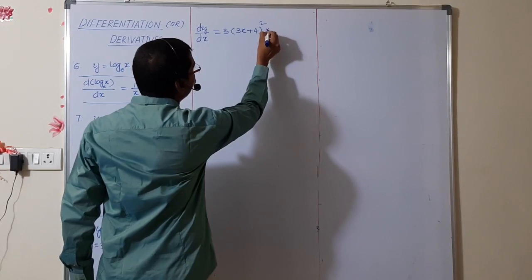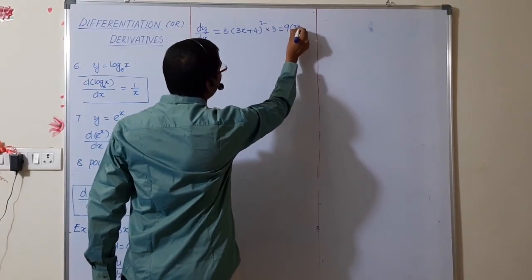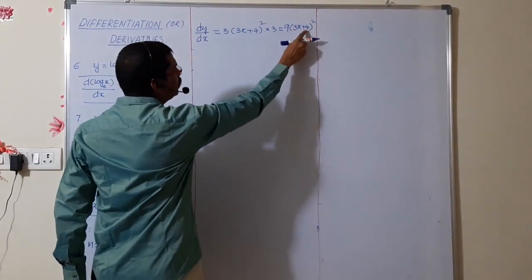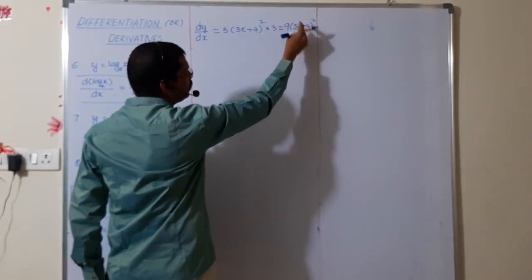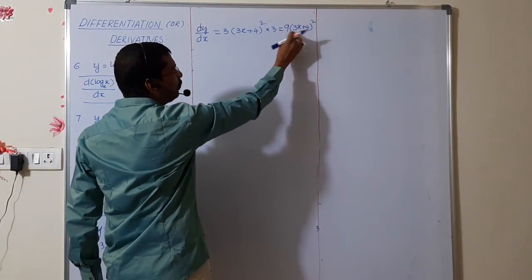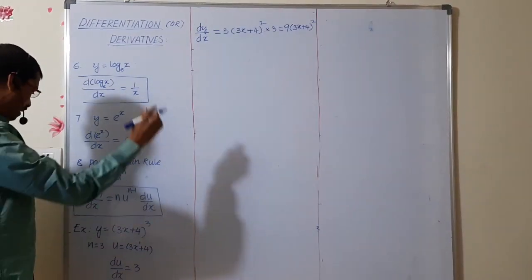Now into 3, what is the answer? 9 into 3x plus 4 to the power 2. If you want to simplify, we can simplify, using a plus b whole square, otherwise we can keep it like that also. After simplification you will get the answer.